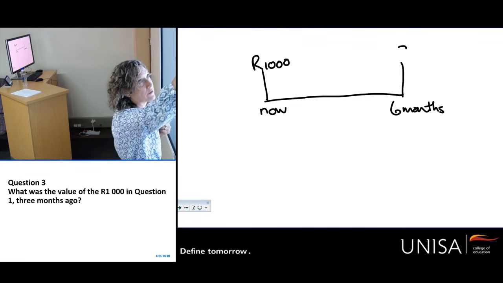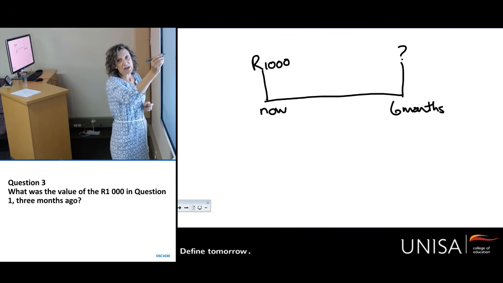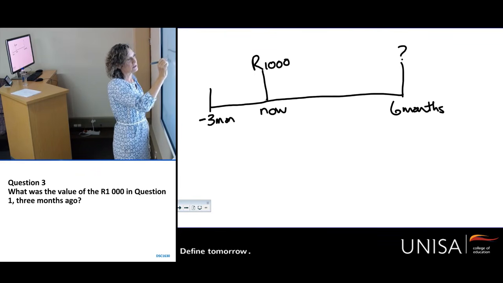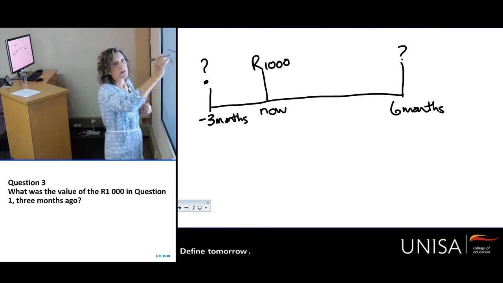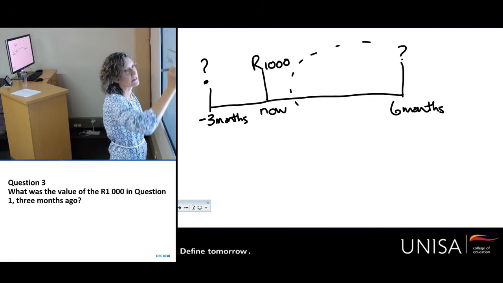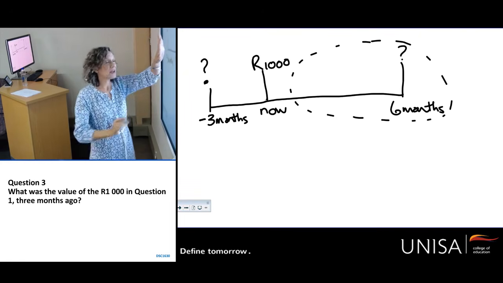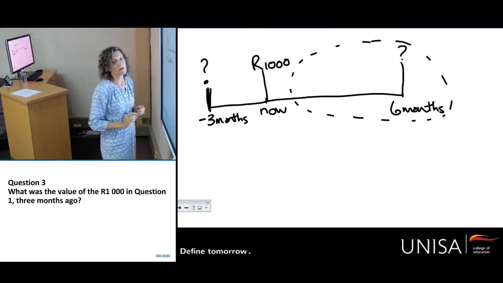Now they're asking, what was the value of the 1,000 Rand 3 months ago? So it means 3 minus 3 almost, right? I want the value here. Do I have anything to do with this at the moment? No, because I'm just working with the value of the 1,000 Rand and the same interest rate, and I want the value here.